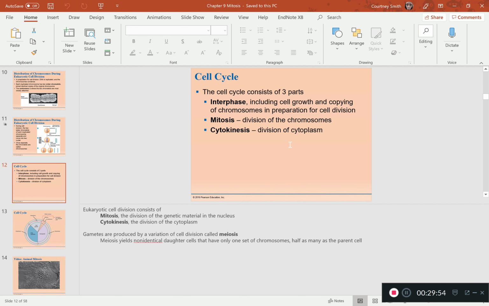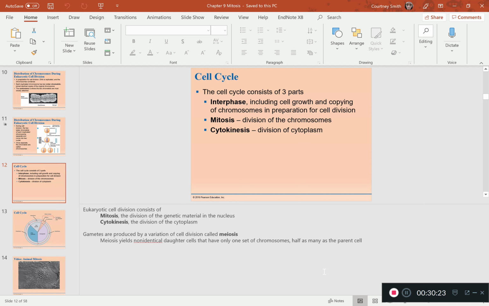Interphase is the whole phase of the cell cycle where the cell grows and copies itself in preparation of cellular division. And then mitosis is the actual physical division of the chromosome or of the genomic information. And cytokinesis is the division of the cytoplasm. So this is where you'll eventually get a whole new cell at the very, very end.